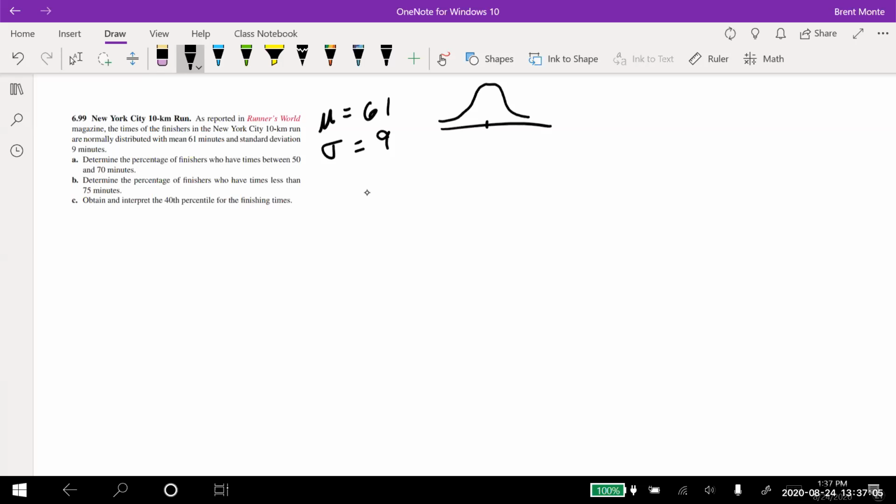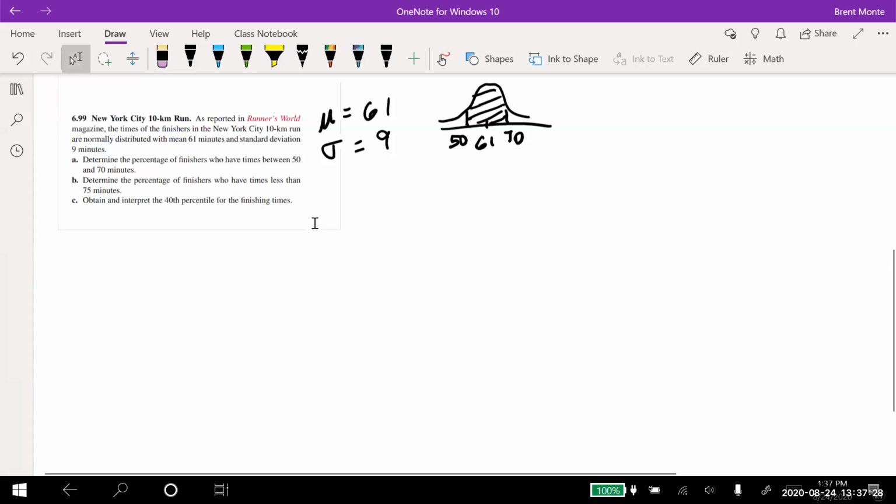We know if we were here, there's 61 minutes. We want to know between 50 and 70 minutes. So by our property of this being a density curve, we know that area under the curve is going to be equal to the proportion, which we can just change to a percentage.